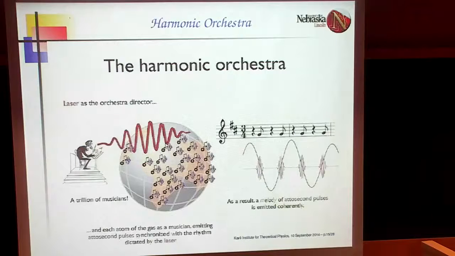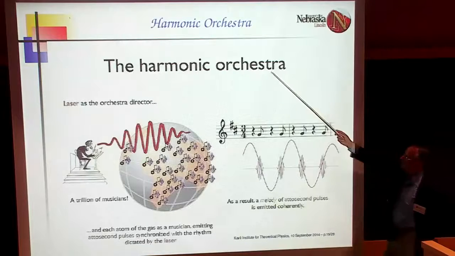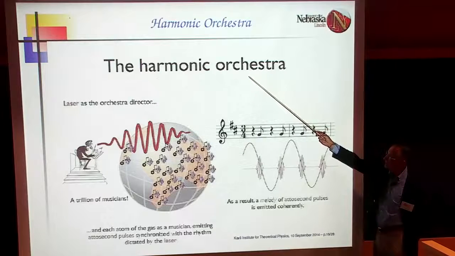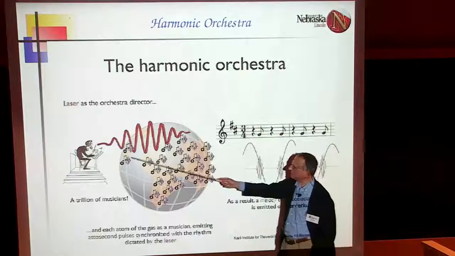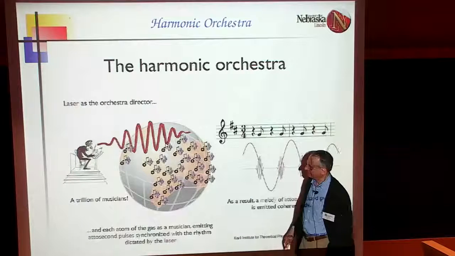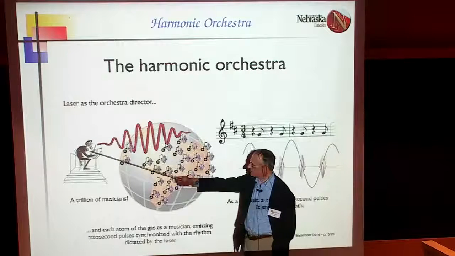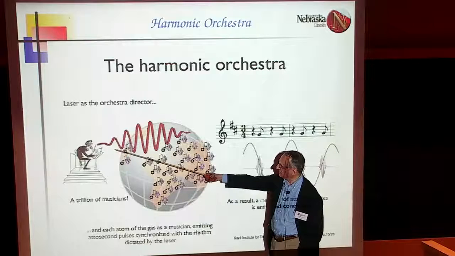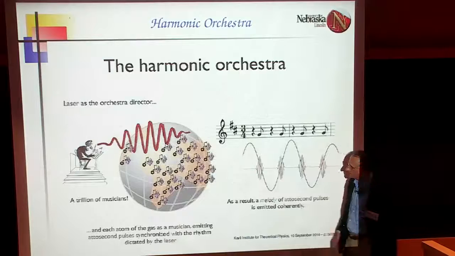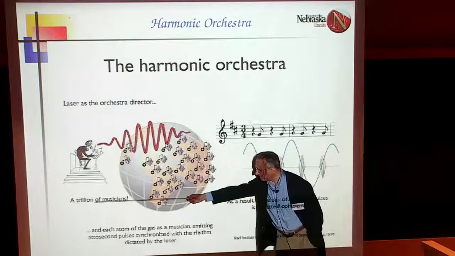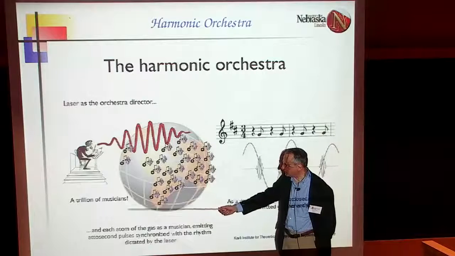So one can think of this process that has enabled one to produce these attosecond pulses as a harmonic orchestra. This is an analogy. You have a conductor, which is the driving laser field. You have a trillion musicians. That's probably understated.